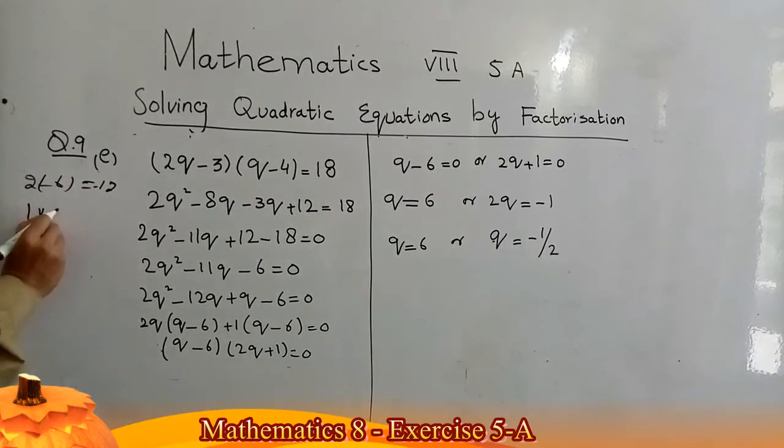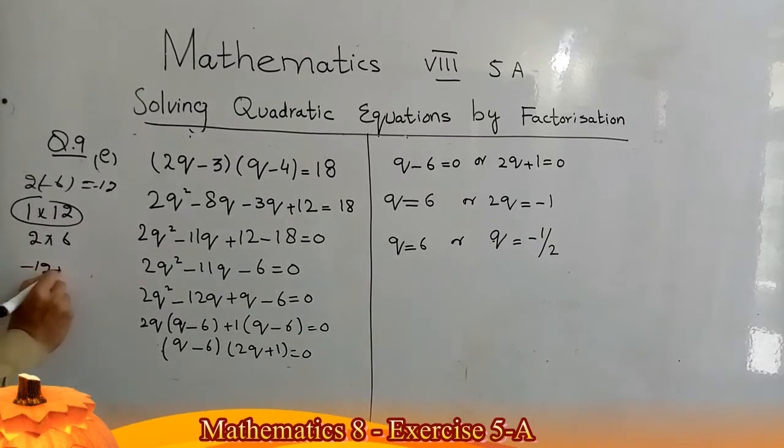So 1 into 12, 2 into 6. So I will select this pair because minus 12 plus 1 forms the middle term and their product forms minus 12. Understand, student?